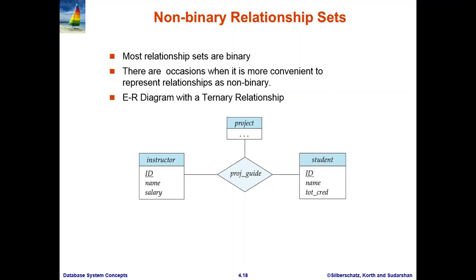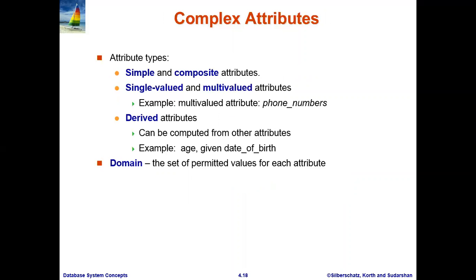Now we'll see the next point, that is attributes. We have seen databases in a relational database management system. The data is stored in the form of tabular forms, tables.